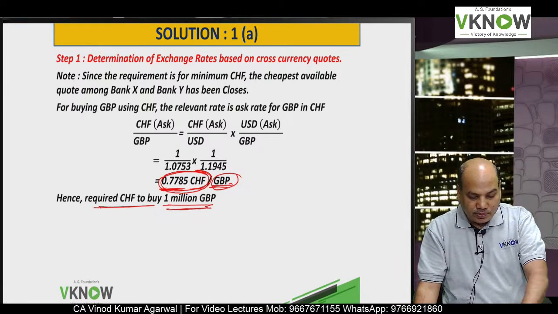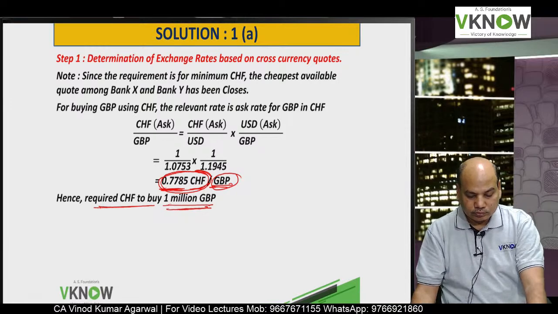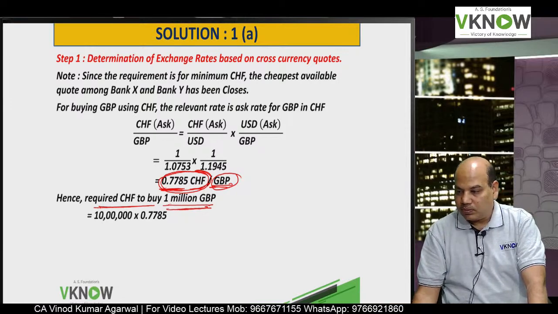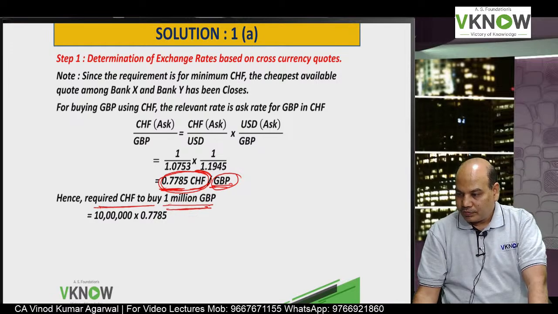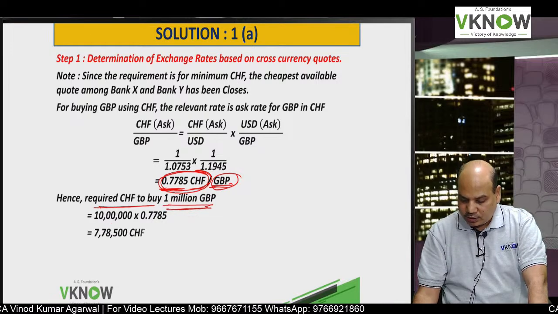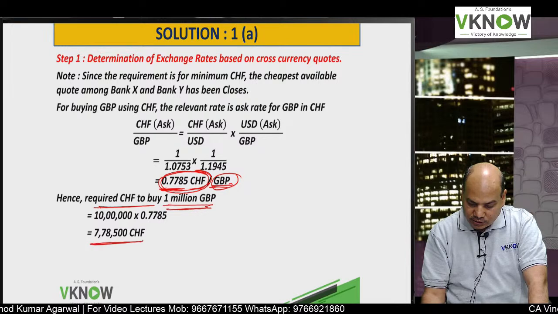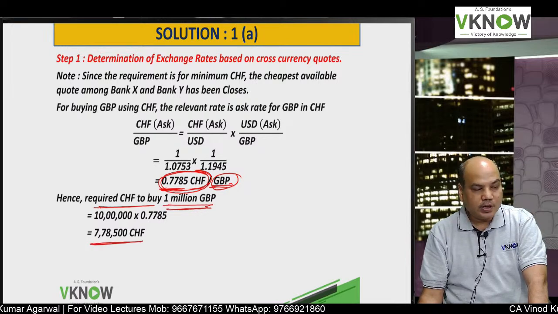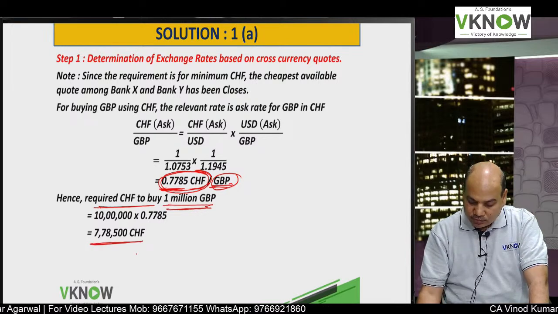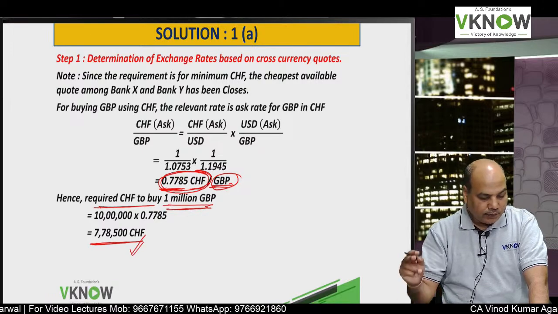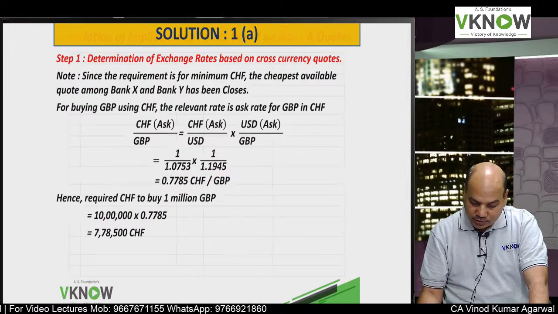Come on, please reply. You simply multiply: 10 lakh into 0.7785. So my first answer is 778500 CHF. This answer is right if you interpret the rate as it is.